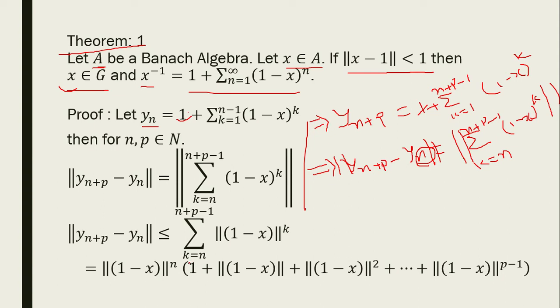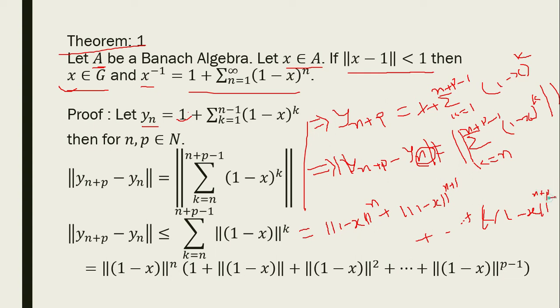If we put in the values of k, we get norm (1 minus X) raised to n plus norm (1 minus X) raised to n plus 1, and so on, plus norm (1 minus X) raised to n plus p minus 1.